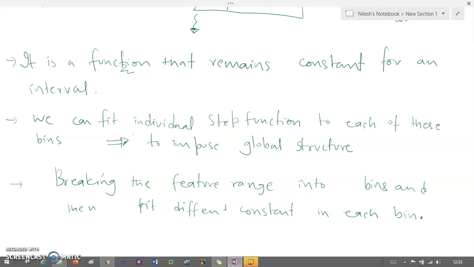So in general we have a range like c1, c2, c3 till ck in the range of x, and then we can range the feature variable, right? So your step function in general, if I have various constants such as c1, c2 till ck, then I have to range into the feature x.